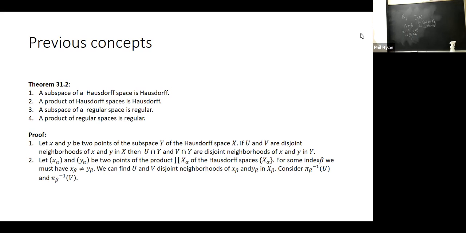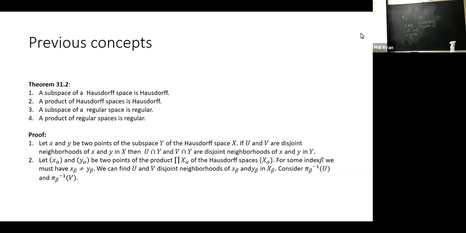Hausdorffness is super easy. If we have X and Y, any two points of the subspace of our Hausdorff space, because they're also points of the larger space, there have to exist disjoint neighborhoods U and V which contain X and Y respectively.